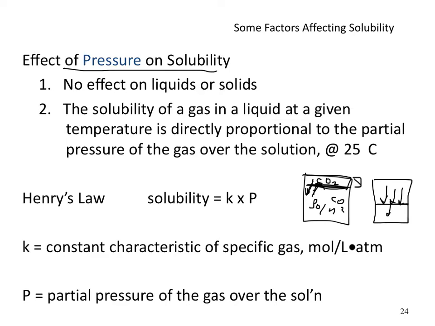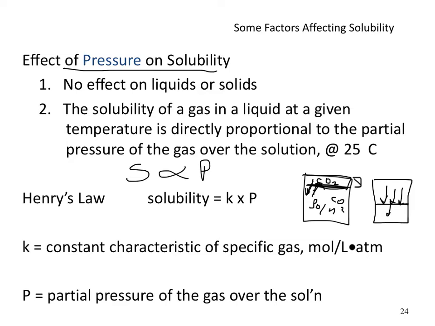So overall, you would see that the amount of CO2 now in that solution is going to be greater. So one can say that the solubility is proportional to the pressure of that particular gas.